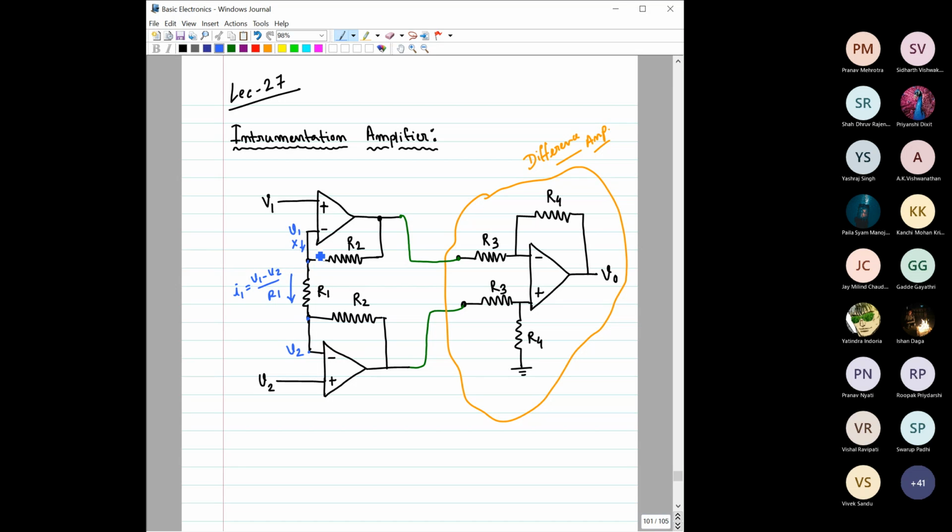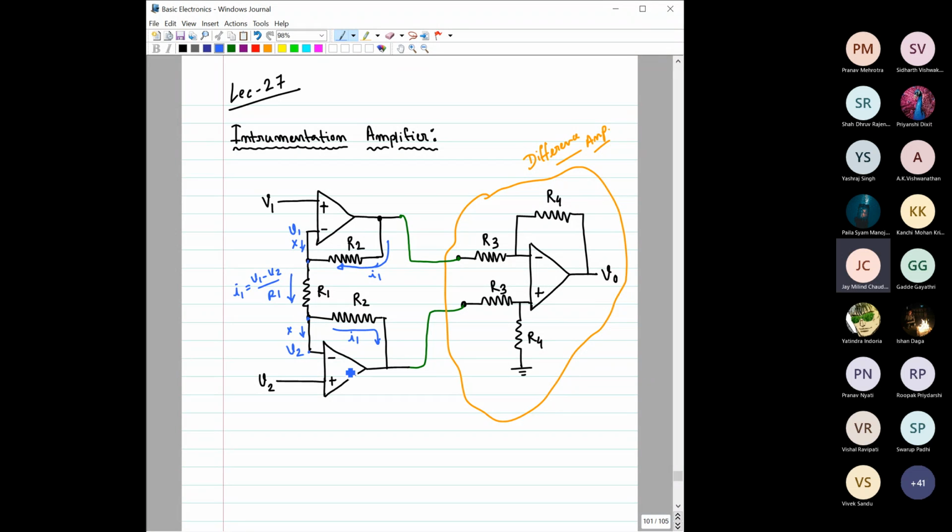No, right? This is an ideal op-amp, so no current can go inside or come out of an op-amp. So this I1 current has to flow through this only. Similarly, this I1 current cannot go inside this op-amp, so it has to flow through this, isn't it?